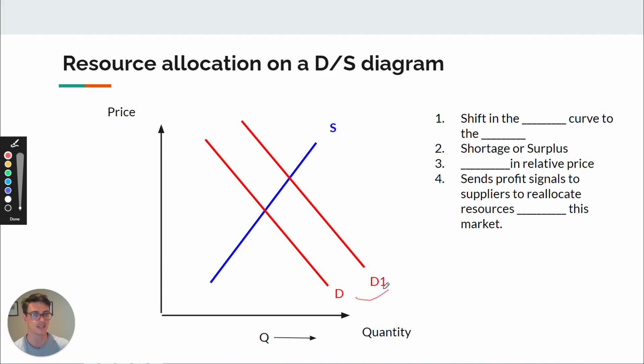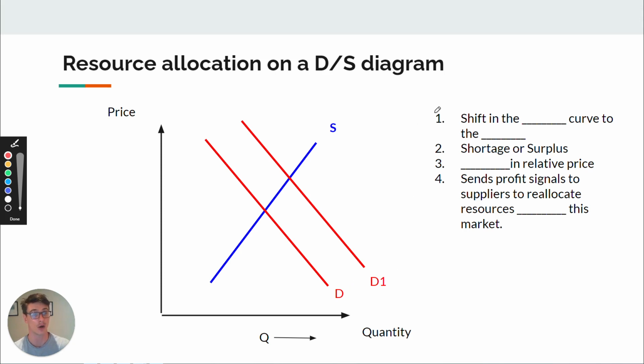And maybe this is because, just to throw some extra confusion in there, the price of coal has increased. Coal is a substitute that they burn to create energy. So if coal prices are skyrocketing, producers of energy will demand more gas. But it doesn't matter why. We've just got a shift to the right in the demand curve.